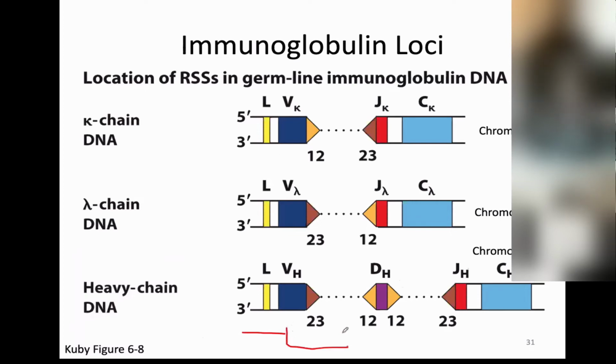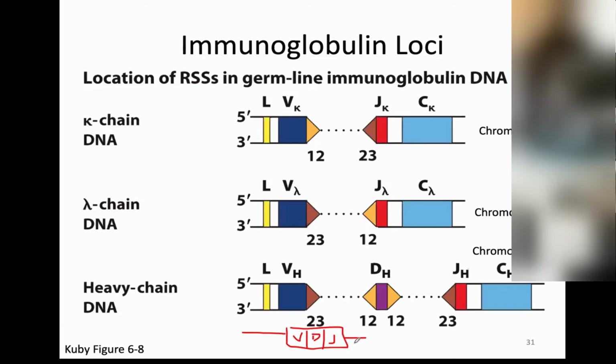So let's imagine that the one I drew did VDJ recombination. So now we've got a VDJ that has recombined. If the other chromosome did this rearrangement, it would probably not necessarily pick the same V or the same D or the same J. It probably wouldn't add the same P and N nucleotides.